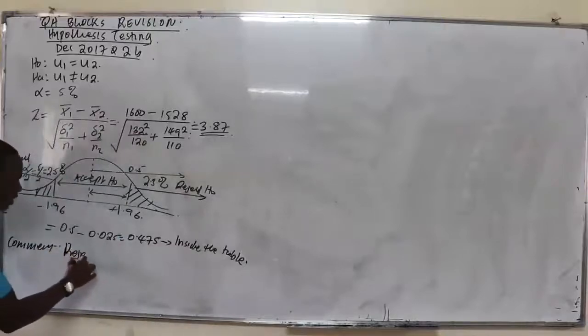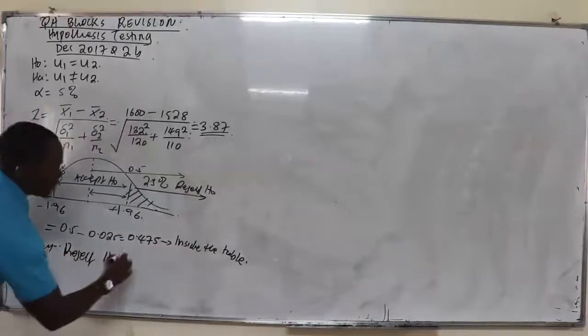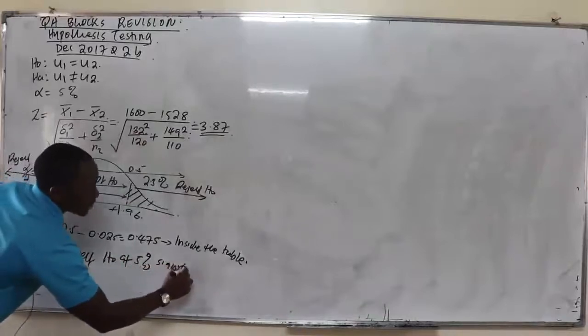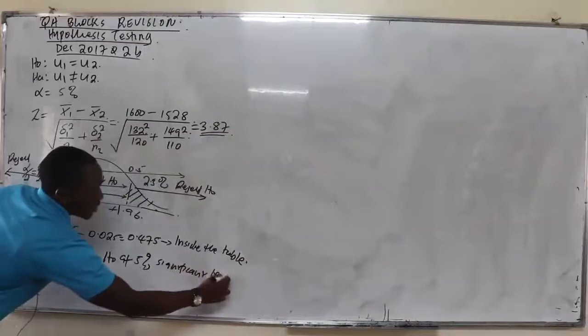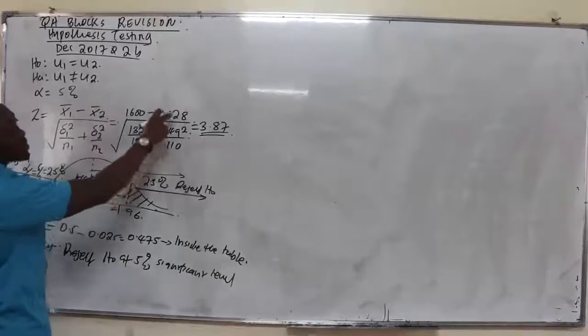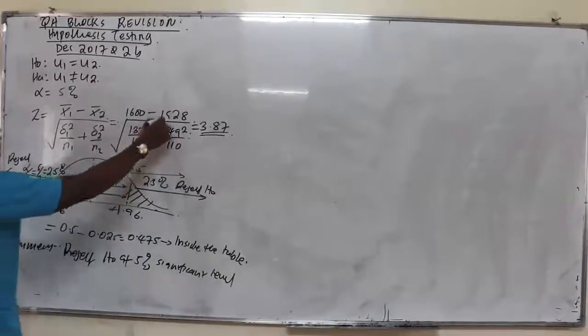You reject the null hypothesis at 5% significance level. What does it mean? If you reject the null hypothesis, you accept the alternate hypothesis, that mean of 1 is not equal to mean of 2. That's the truth, because 1600 is not equal to 1528.